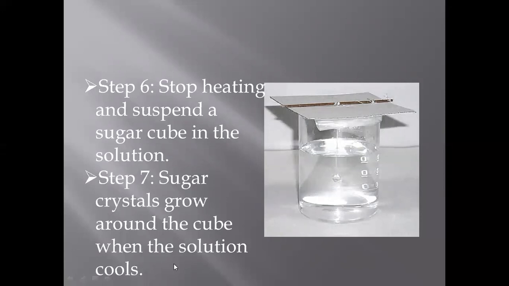After that, heating is stopped and a cube of sugar is suspended in the beaker, and when the solution cools down, the sugar crystals grow around the cube. So by this method, we are able to get pure sugar crystals, and sugar crystals of larger size are produced in this method.